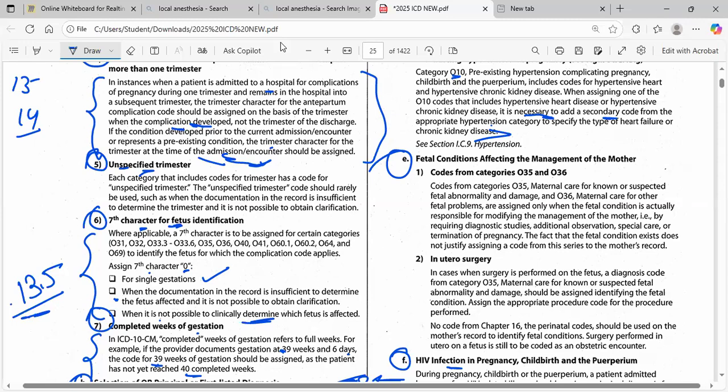So the doctor wants to treat the baby while he is in the mother's womb, through the mother. In that case, we are going to use a code from series O35 to O36, because that individual is still in the womb. We are not going to use a separate code for that individual unless the patient is born and has any other specific conditions.